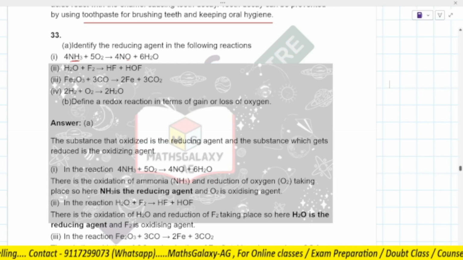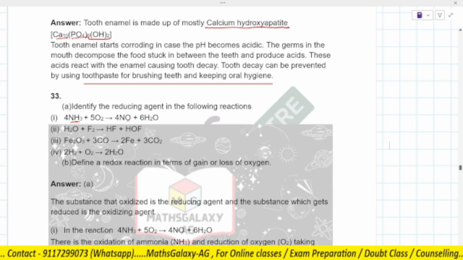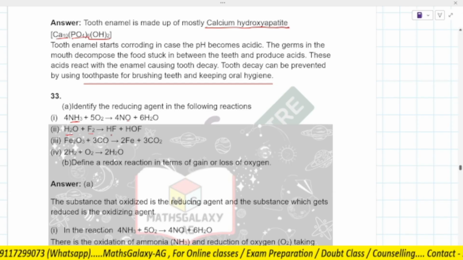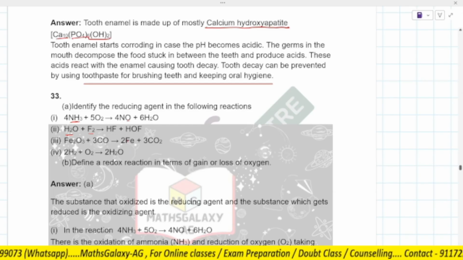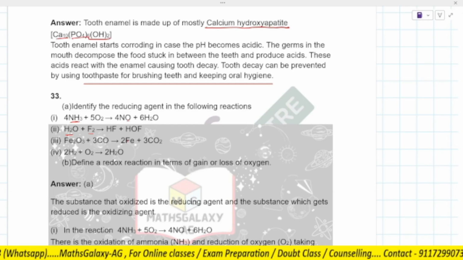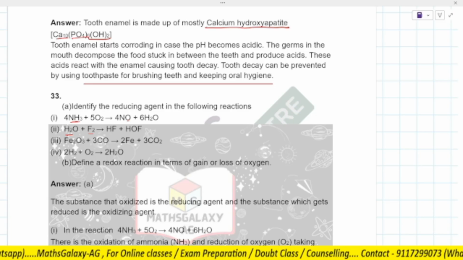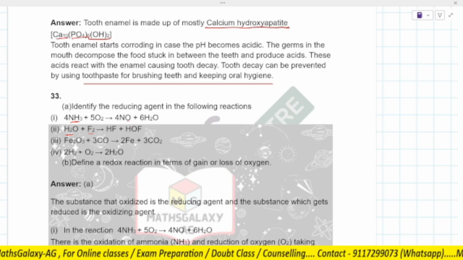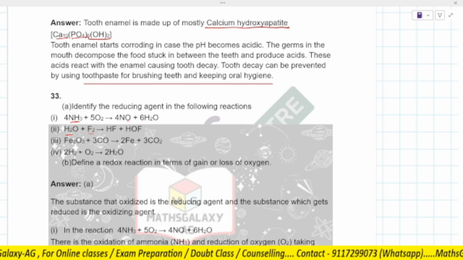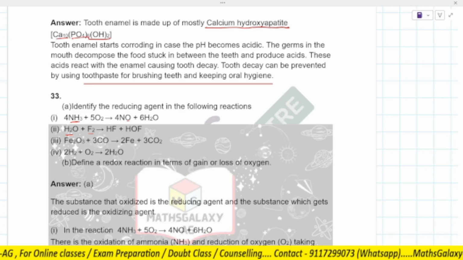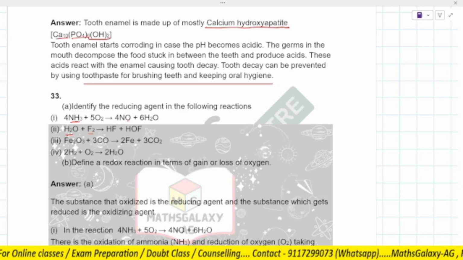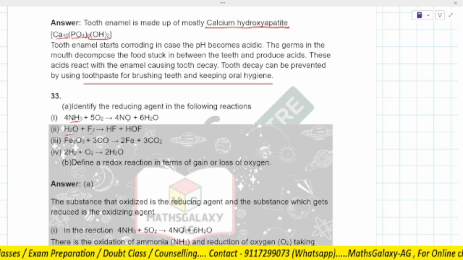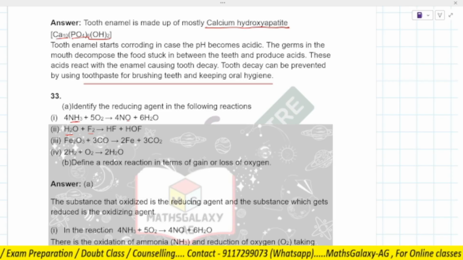Now in the reaction H2O plus F2, it will be HF and HOF. So what will be the reducing agent? It's H2O.